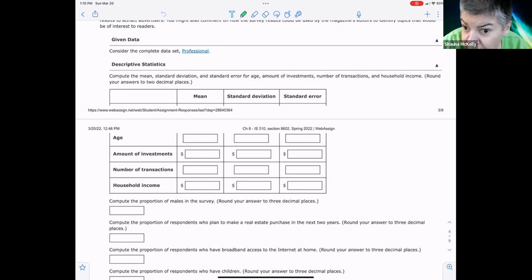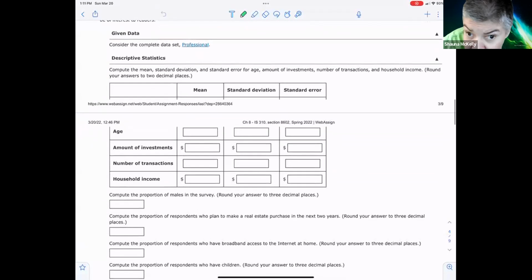What we're going to do is open this up. Download the spreadsheet so I can see it. Then we're going to open the file in Excel. We're going to enable editing actually. Now let's see.